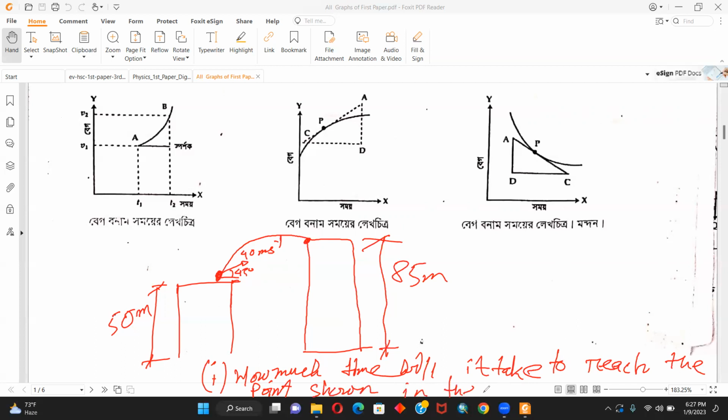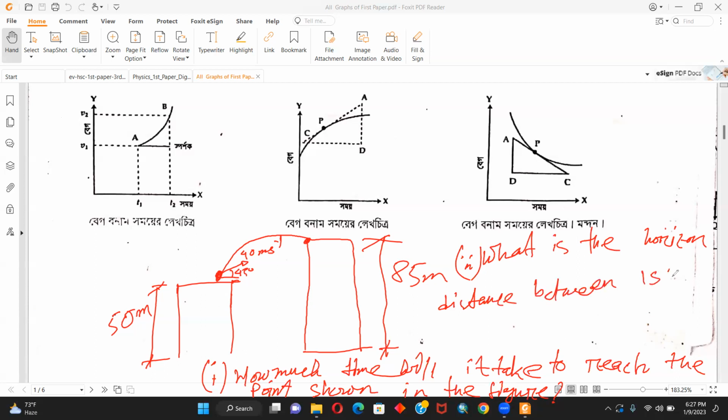This is question number one. And question number two is, what is the horizontal distance between the first and last point? Is the question understood?